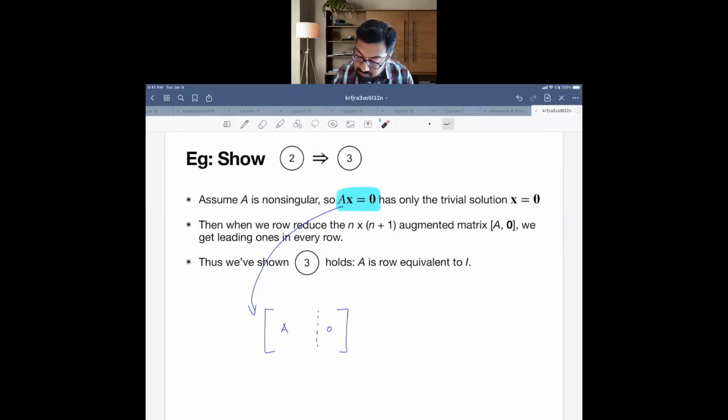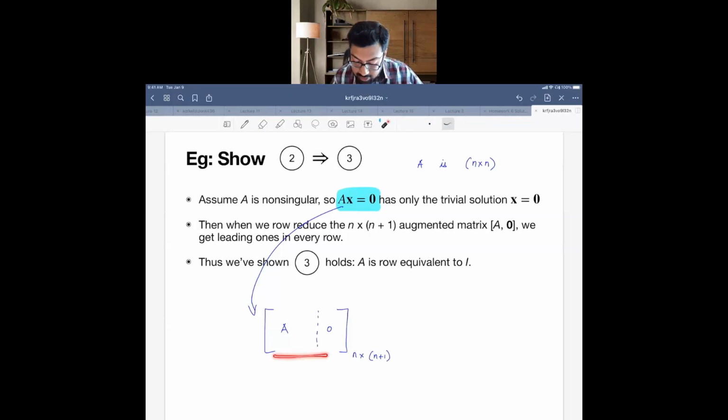That's how we are forming this augmented matrix. Clearly, if A is n by n, and we are adding only one more column to the right hand side, the size of the augmented matrix will be n by n plus 1. In terms of columns, we have added 1, which is the 0 vector because of the homogeneous equation.